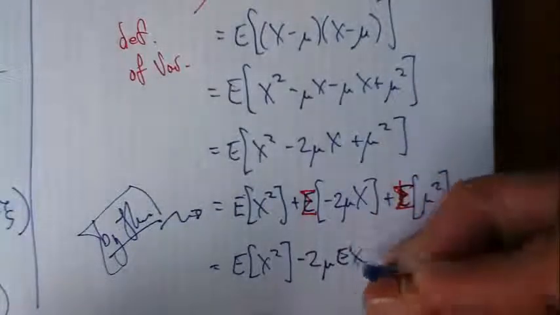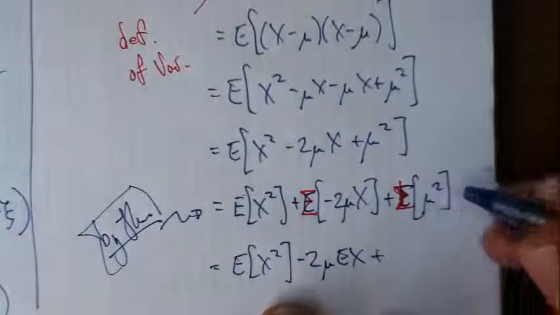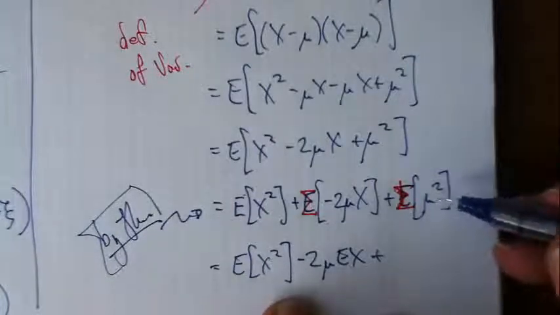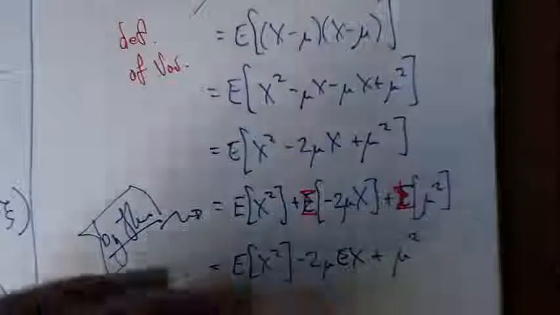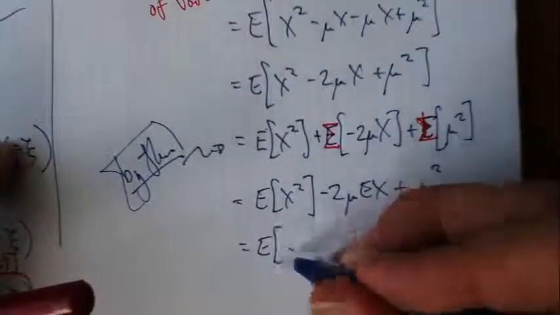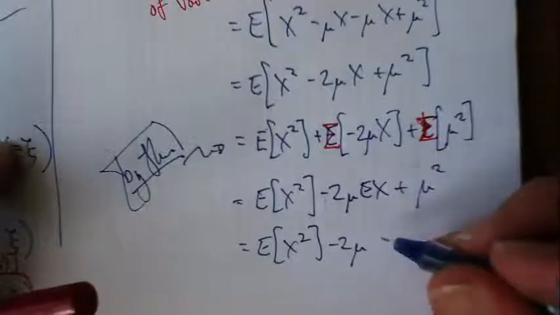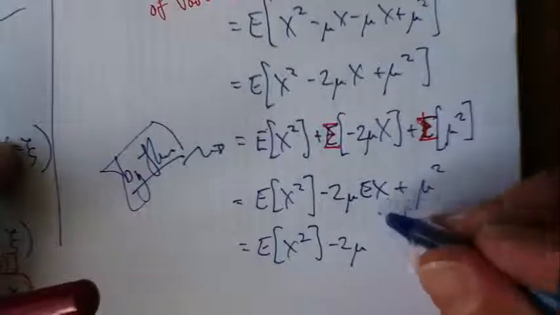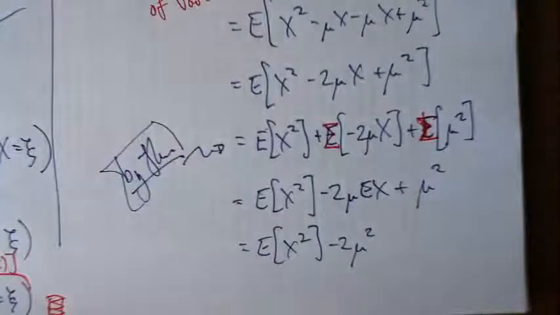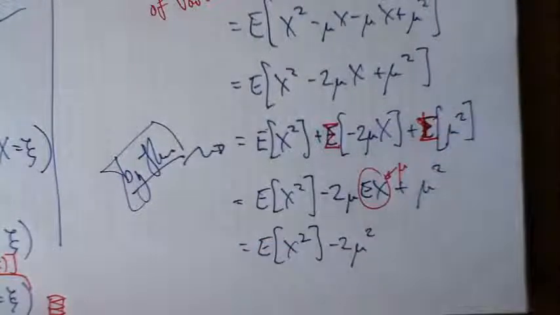Okay, now finally, what's the expected value of mu squared? Mu squared is a constant. The expected value of a constant is a constant. Duh. So this is the expected value of x squared minus 2 mu times the expected value of x, which is also mu, plus mu squared.